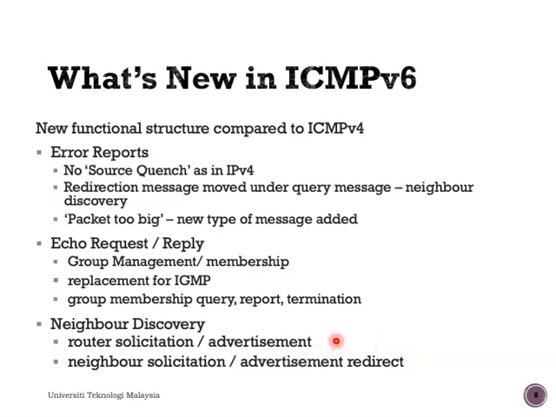If you remember, in IPv4, this is done by ARP. And third, to find the IPv6 addresses of the neighbors. It is done through router solicitation and advertisement, and also neighbor solicitation and advertisement, and redirect.